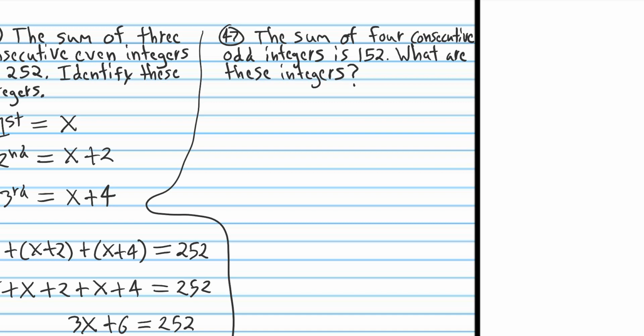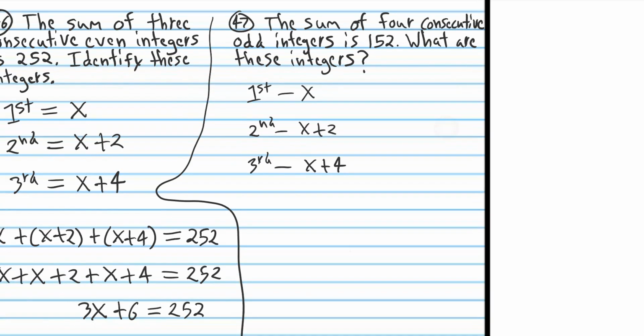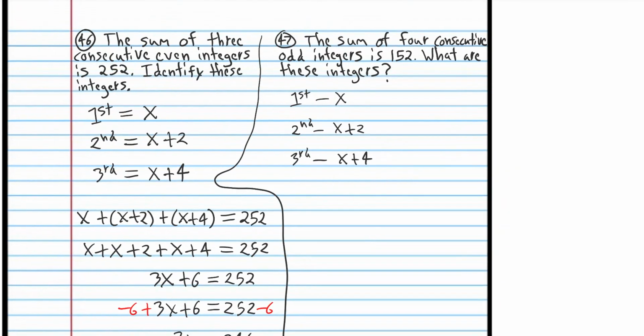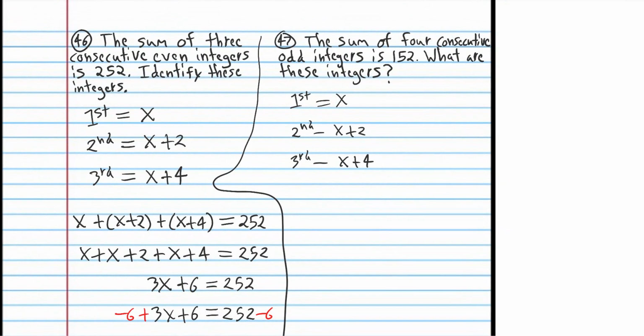All right, so the sum of 4 consecutive odd integers. Again, the first number is x. The second number is going to be x plus 2, and it's the same with odd integers. It's the same type of problem. If you have 49, that would be an odd number.